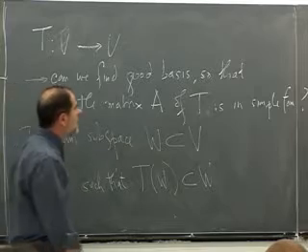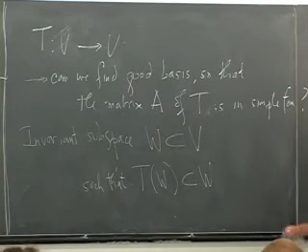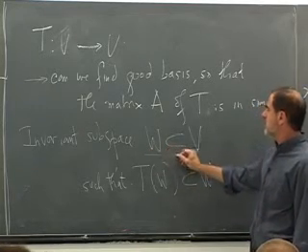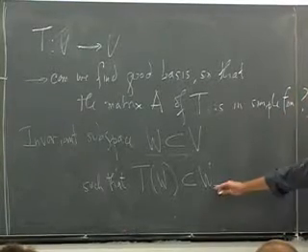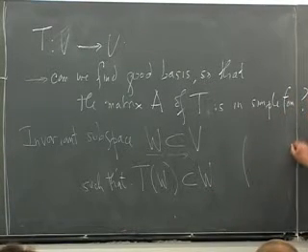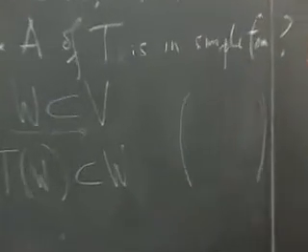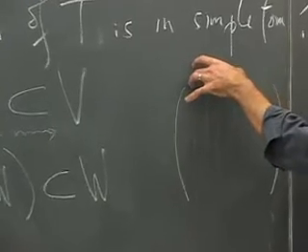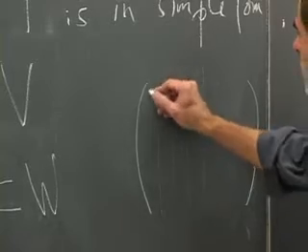Now, if you have an invariant subspace, you choose your basis so that you start off with basis elements of W, and then you complete them to basis elements of V. Then the matrix of T has a special form, namely, if you start off with your basis vectors in W, so the first 4 basis vectors in W, the coordinates, when you transform them under T, lie in W, so only involve the first 4 terms. So you get a little square matrix here.